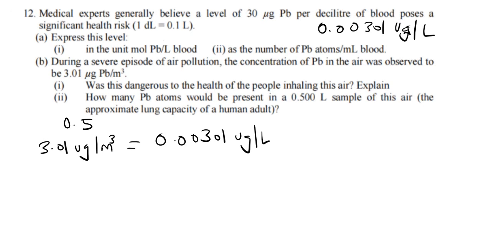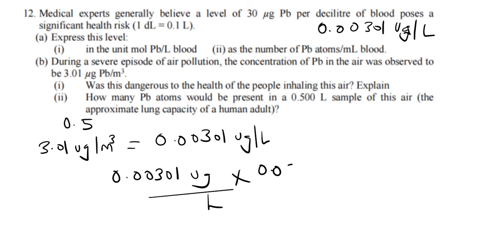In terms of just conversion of units, we have 0.00301 micrograms per liter, and we're multiplying this by 0.5 liters so that we find the mass.